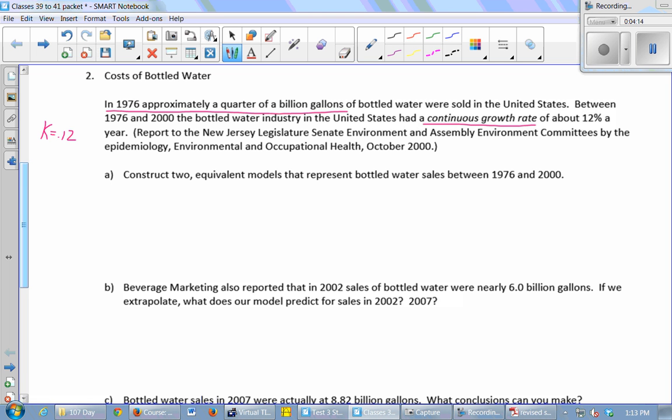You were thinking of less than 1 with the B. Yes, or 0.25 billion. We're going to let 1976 represent time 0 here. So A naught is going to be 0.25 billion. I'm going to write it in billions because this is growth, so it's just going to get bigger.